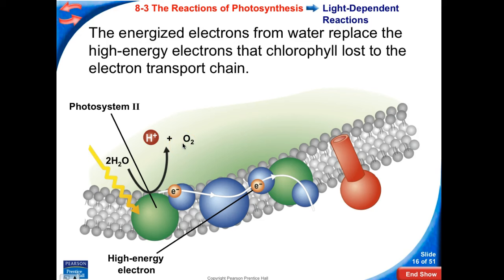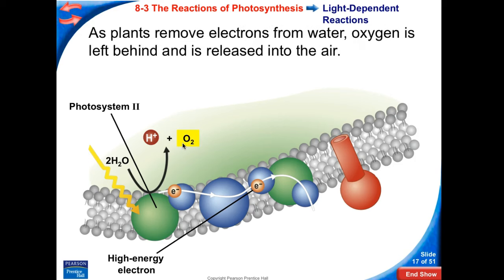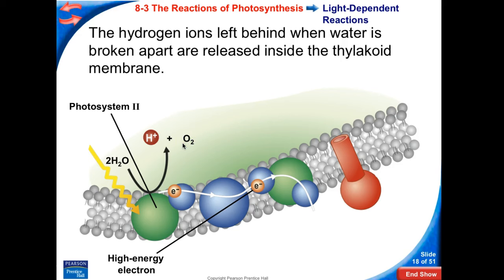The energized electrons from water replace the high energy electrons that chlorophyll lost to the electron transport chain. As plants remove electrons from water, oxygen left behind is released into the air when the stomates are open. The hydrogen ions left behind when water is broken apart are released inside the thylakoid membrane. Now that's going to play an important role in just a second.